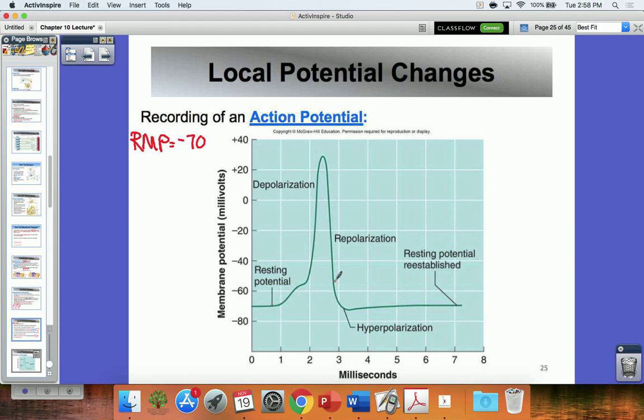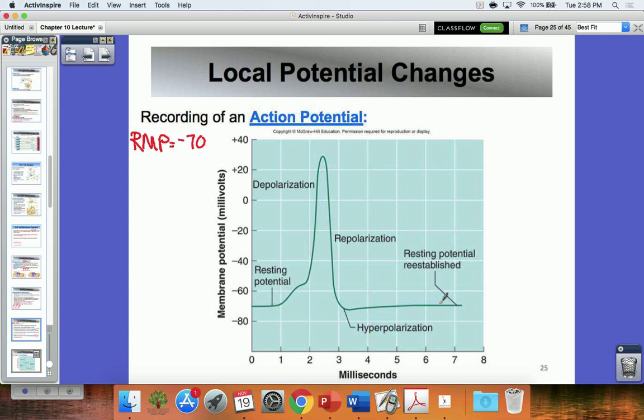And if you notice, remember, our resting membrane potential is -70. This actually goes a little bit lower than -70. So that's what we call hyperpolarization because it has gone a little bit lower than what we want it to be. And eventually, the resting membrane potential is reestablished.